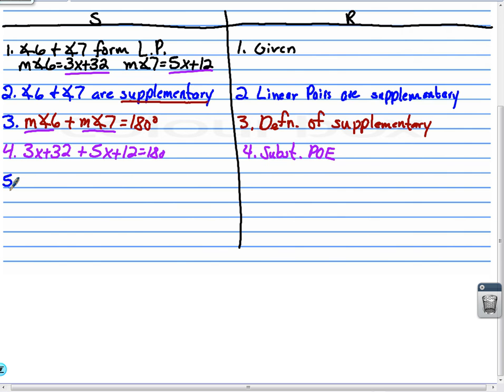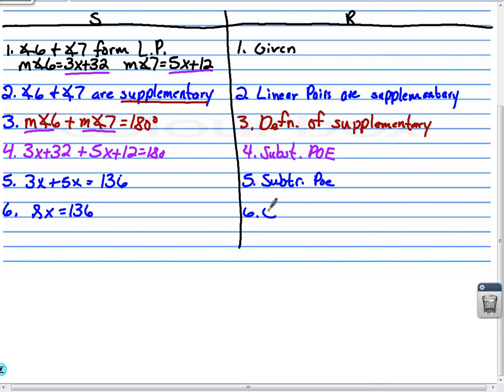Step 5. Let's see, we're going to subtract 32, we're going to subtract 12. Let's use our subtraction property of equality first. Subtraction property of equality. Subtract 32, subtract 12, I now have 3x plus 5x equals 136, I think. Now on this, combine like terms.